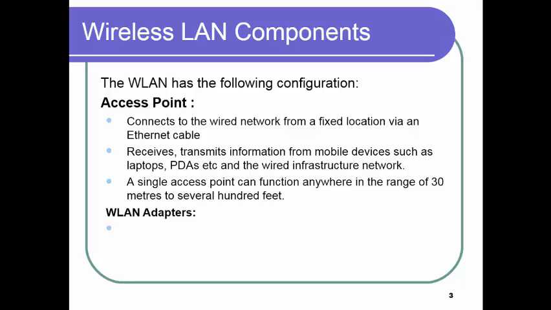A single access point can function anywhere in the range of 30 meters to several hundred meters. In infrastructure based wireless network, all the communication goes through the central access point.